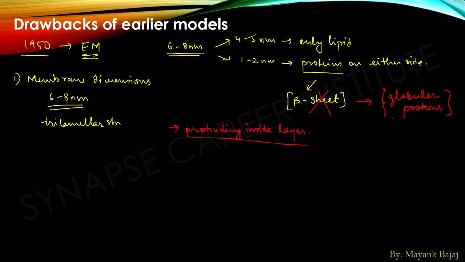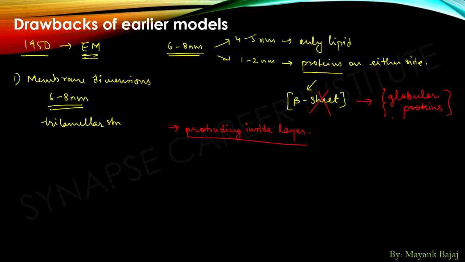So this was the first major drawback that was identified based on the earlier models, and it was also corrected by suggesting कि जो proteins हैं वो bilayer की form के अंदर protrude कर रहे हैं, ना कि किसी layer की form में है, right? Hence यहाँ पे trilamellar का portion खत्म हो गया था, right? अब से हम इसको फिर bilayer model बनाएंगे, because lipid की layer है ना कि protein की layer, lipid की layer के अंदर proteins are embedded in it.